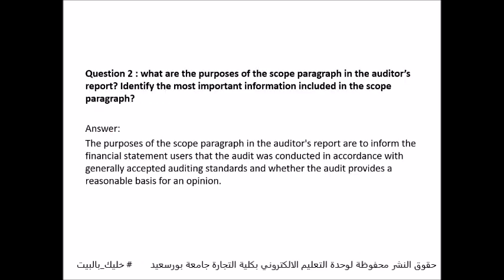Question number 2. What are the purposes of the scope paragraph in the auditor's report, and identify the most important information included in the scope paragraph.